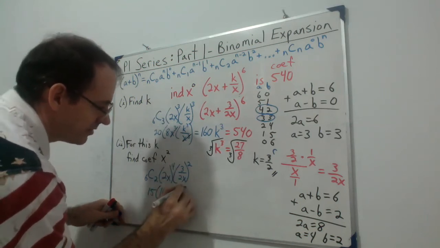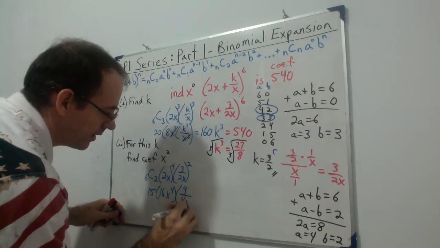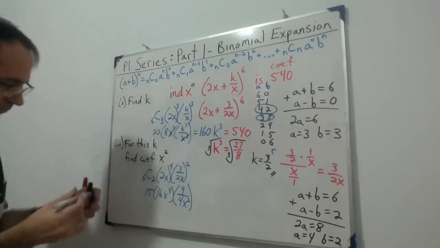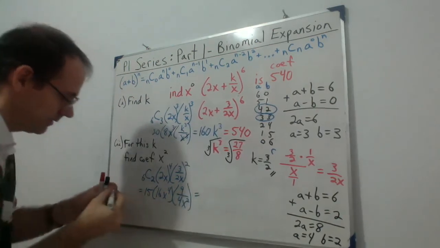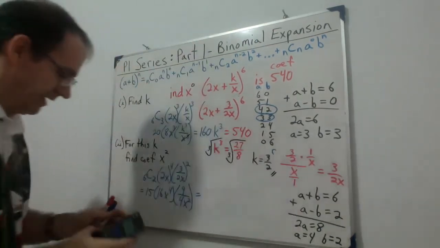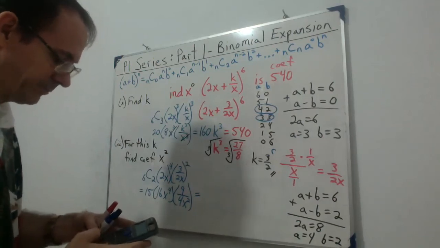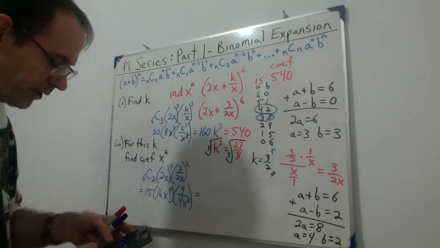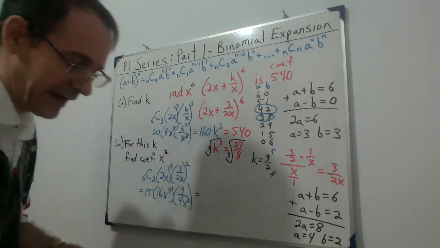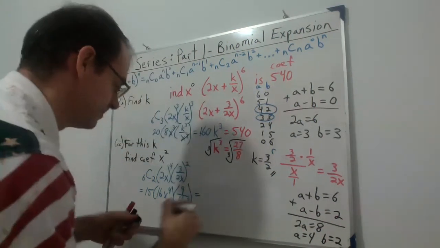This 3 squared is 9 over 4x squared. So if we take 15 times 16 times 9 over 4, we get 540.